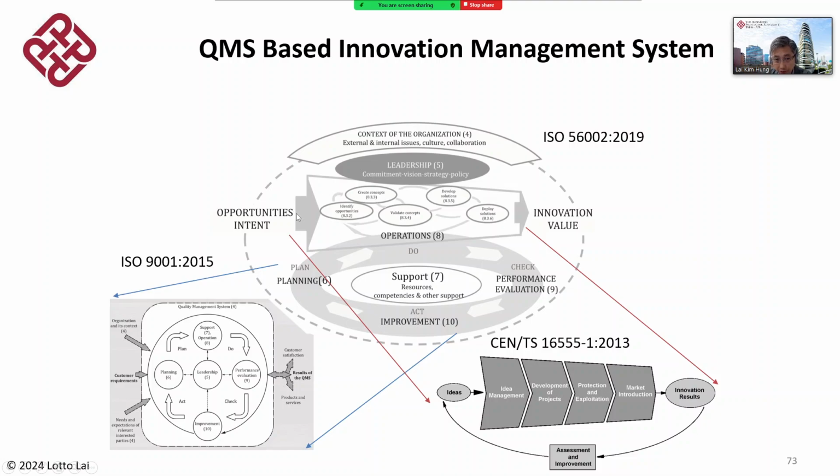And the innovation funnel is fully referenced from 16555, very similarly, but the approach is different. It is more like design thinking. It's a loop forward and backward, not in one direction. In the old one it is one direction.